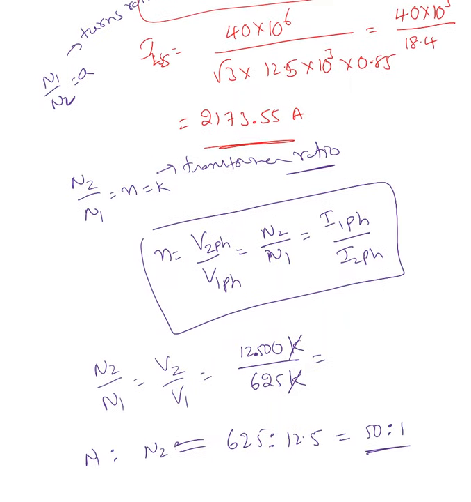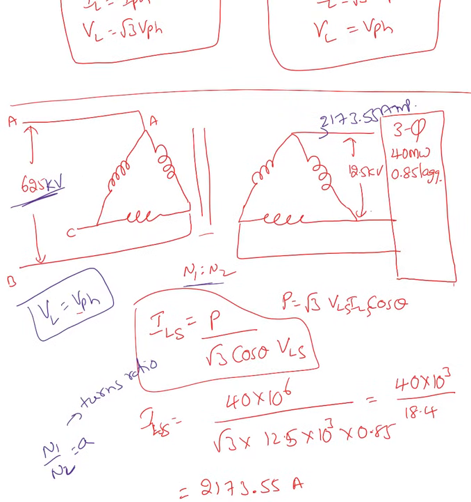Now I have the transformer ratio. Based on this, can I find the phase current? We always use the phase current. So here this must be secondary I2 phase. This must be I1 phase.